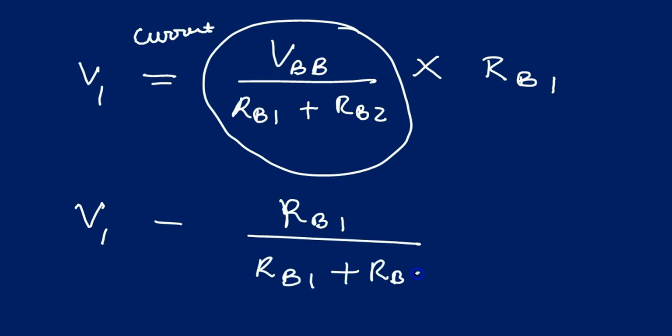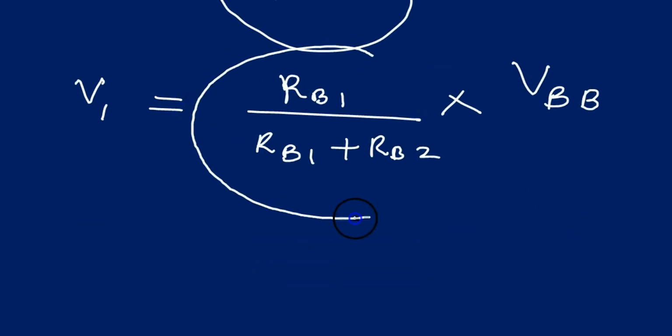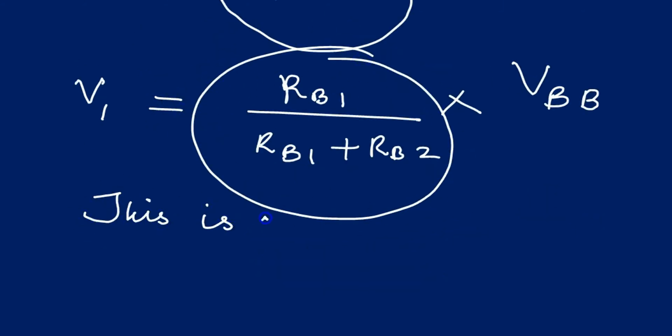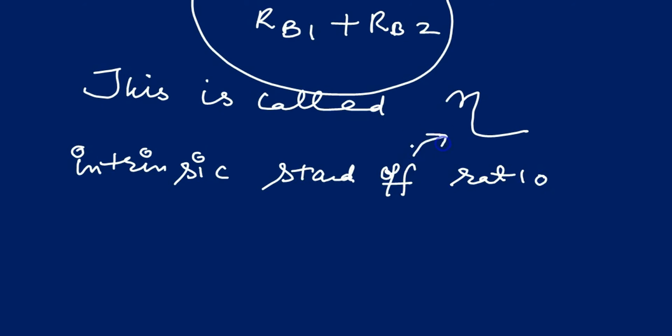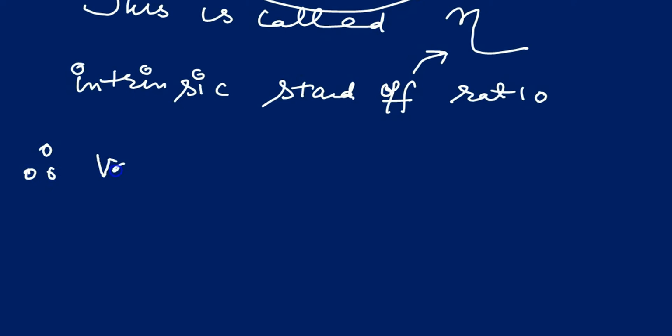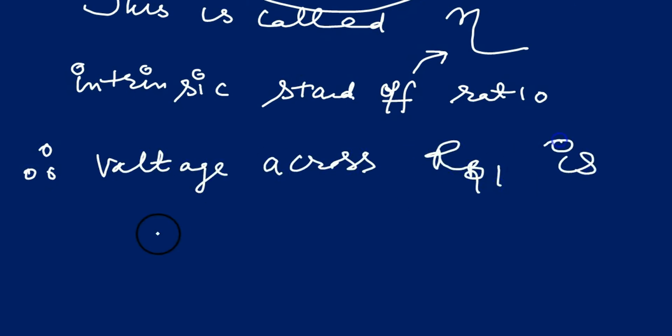Now rearranging, this RB1 over RB1 plus RB2 is called eta. This is just a number because it is the ratio of similar quantities, and it is called intrinsic standoff ratio. So the voltage across RB1 is eta into VBB.